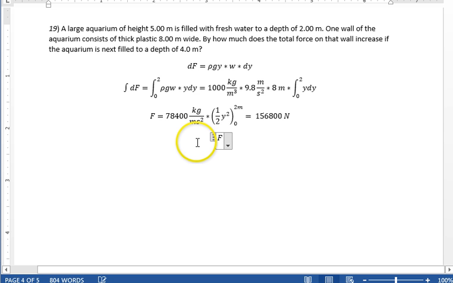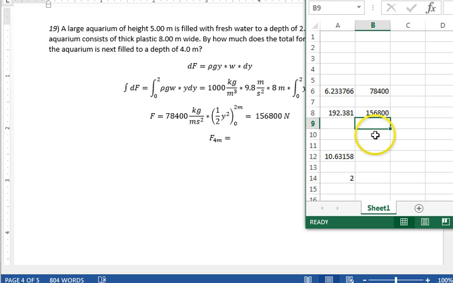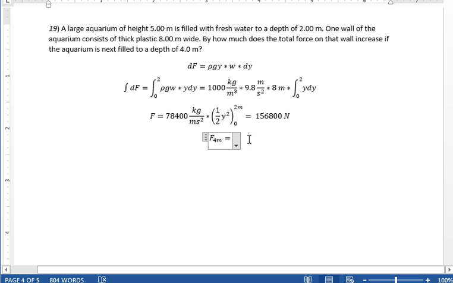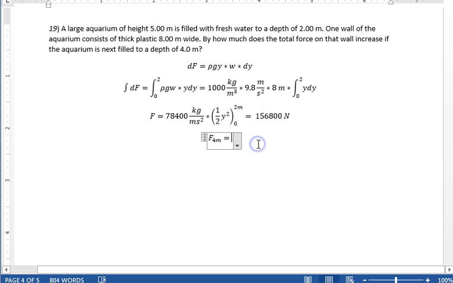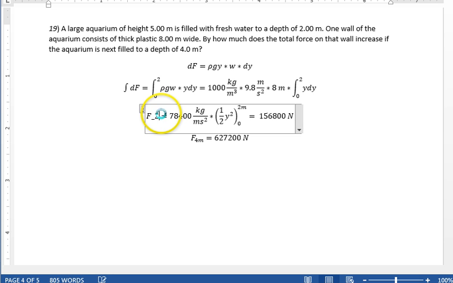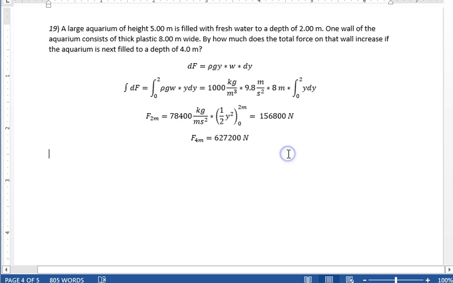So the force at 4 meters is 4 squared is 16, times a half is 8, so 8 times the 78,400, which is 627,200 newtons. That's the total force on the wall.